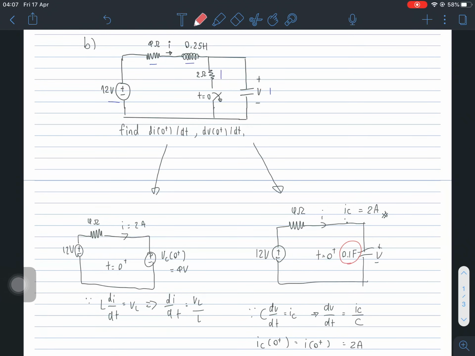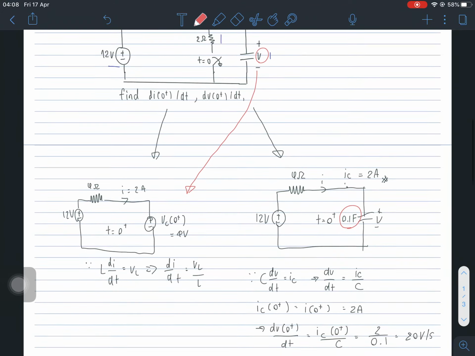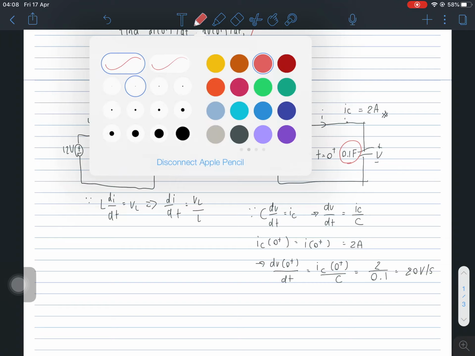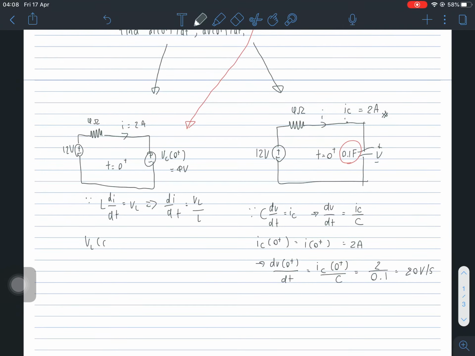As I drew it, this capacitor should be a voltage source too. So we get 4 volts. And we know that vC(0+) is 4 volts, and what we are going to find is vL(0+), right?